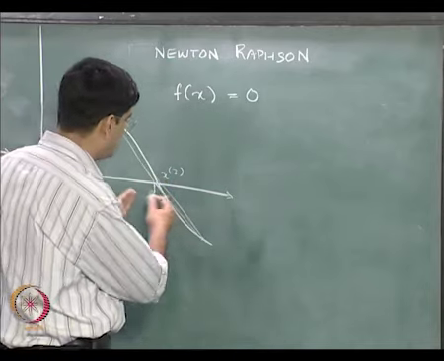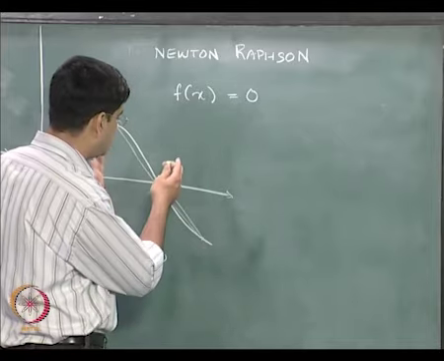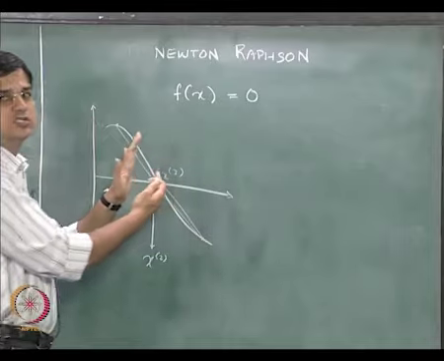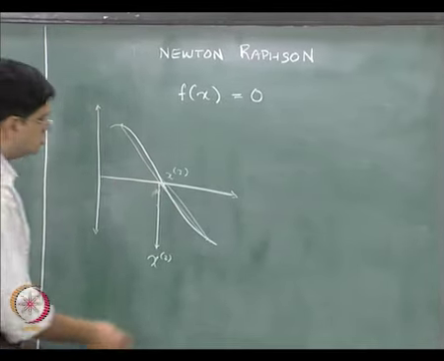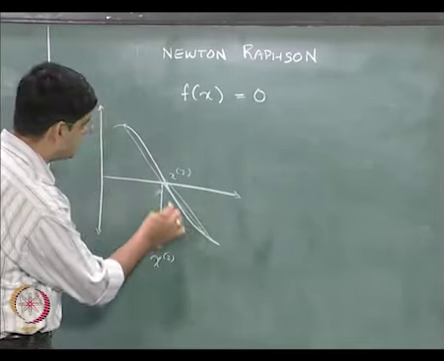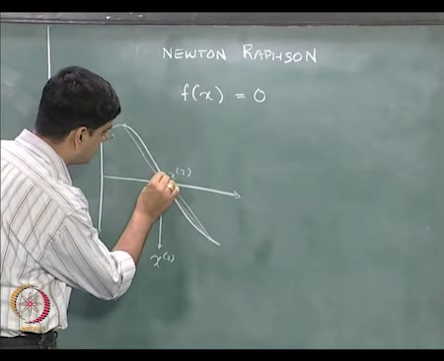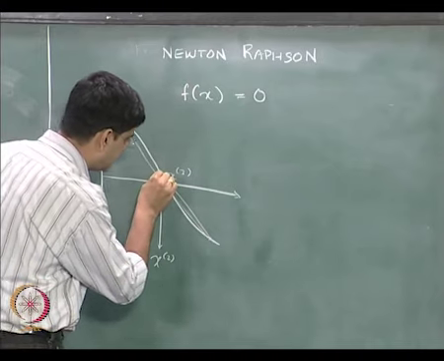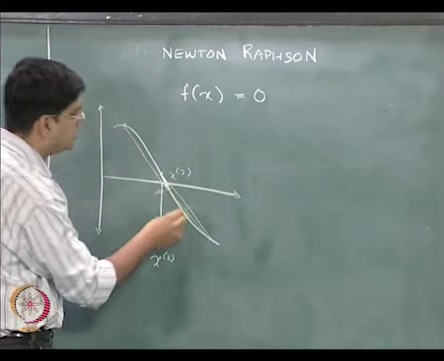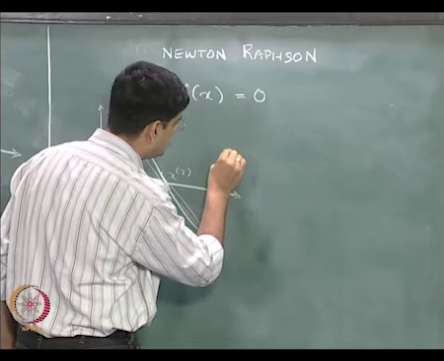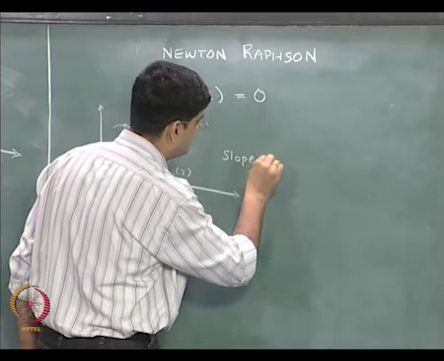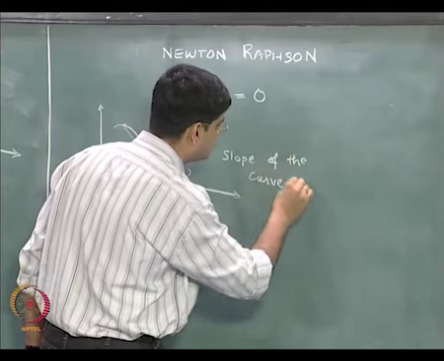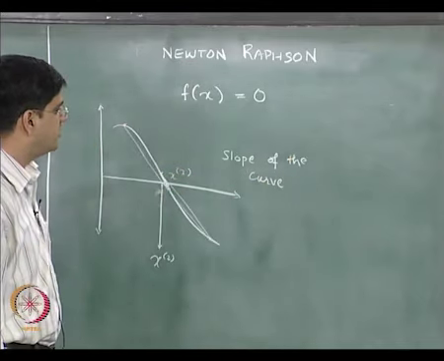So what happened in secant method is x2, x3, x4 started coming closer and closer to each other. So let's consider the case where x2 and x3 are going to be very close to each other. This particular line segment that joins x2 and x3 is nothing but the slope of the curve close to the point x3.